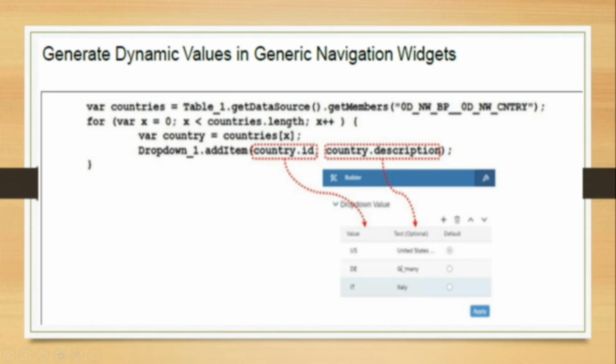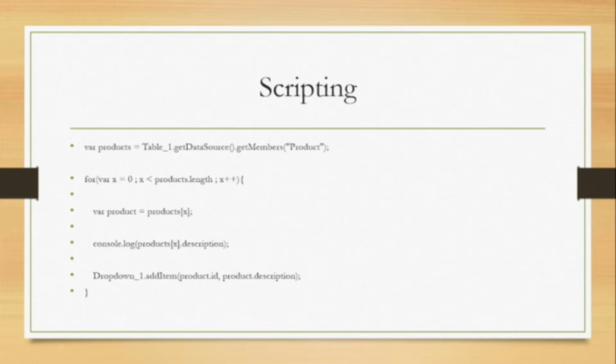We create first table one, and then on the first line we declare an array with the members of the product dimension. After that we use the for loop, and one by one we move the particular product to the variable product.